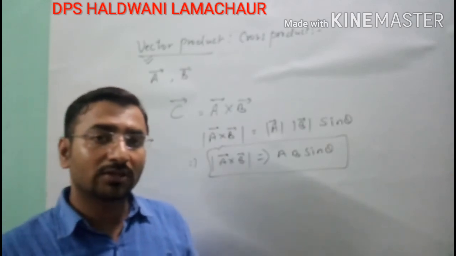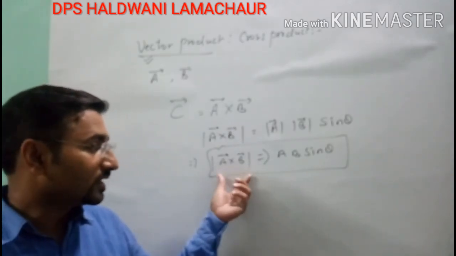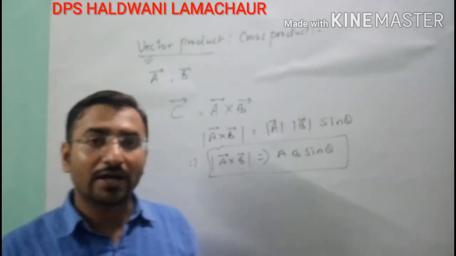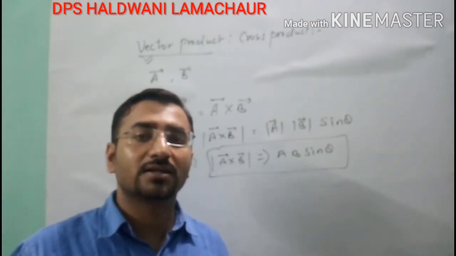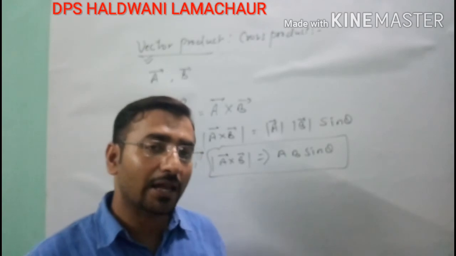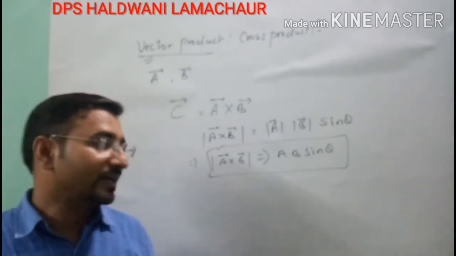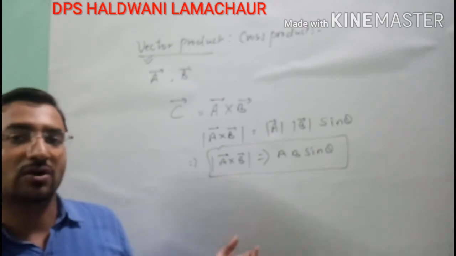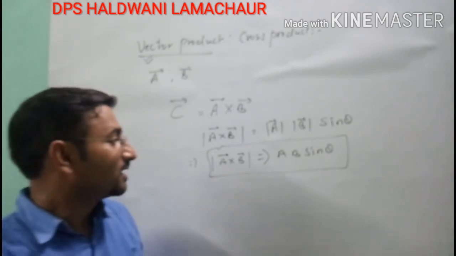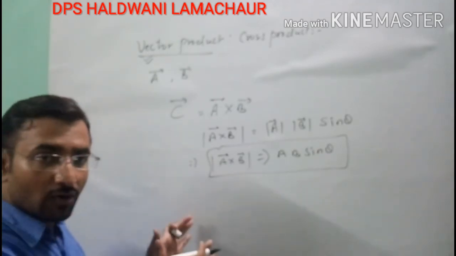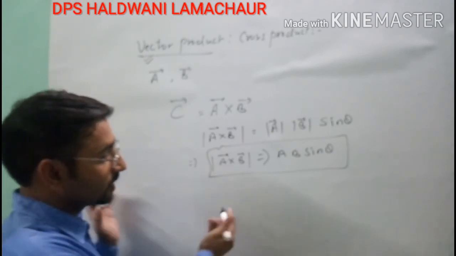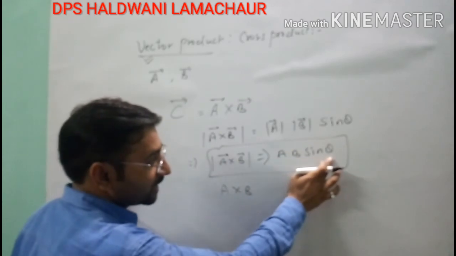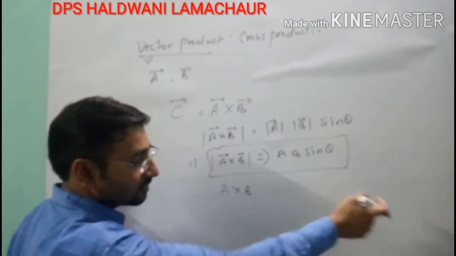Now when we talk about the direction, dear student, if we want to know the direction of the cross product of two vectors, we use the right hand screw rule. With the help of the right hand screw rule, we can easily find the direction of A cross B or B cross A. If we want to write the vector form of this cross product, I will use magnitude along with direction.